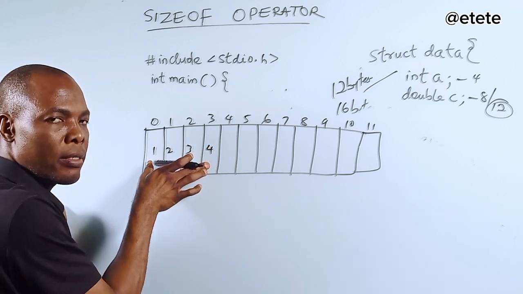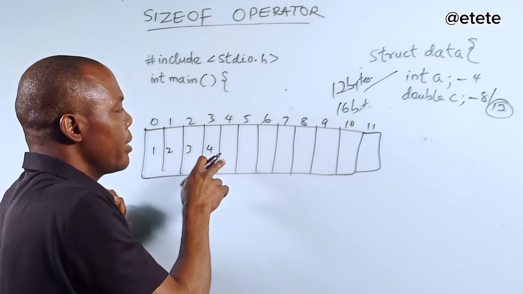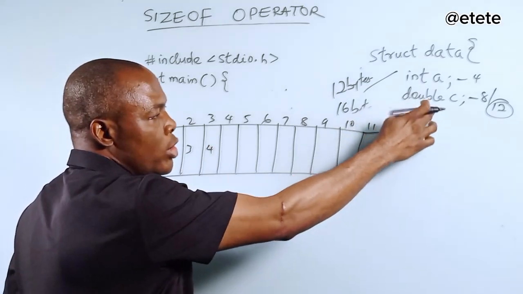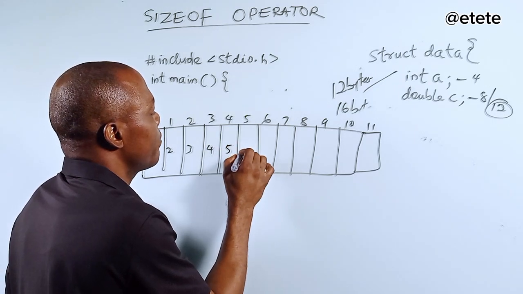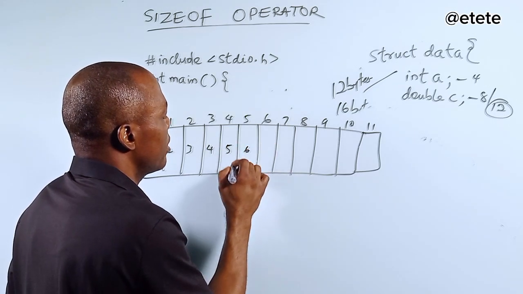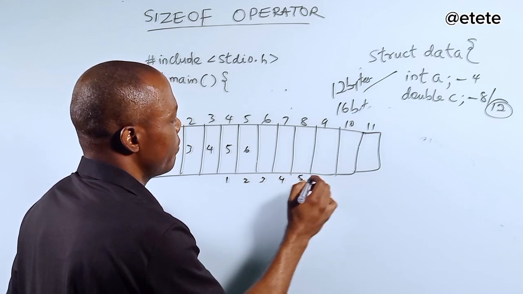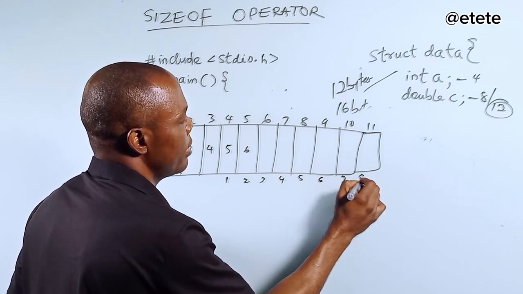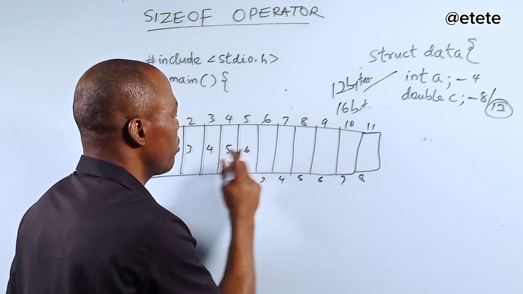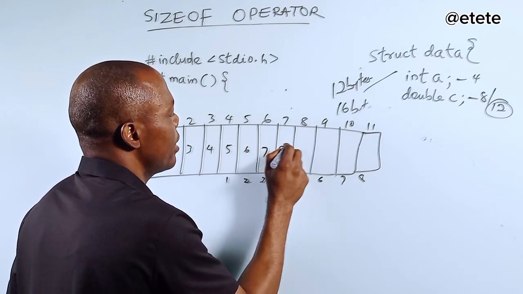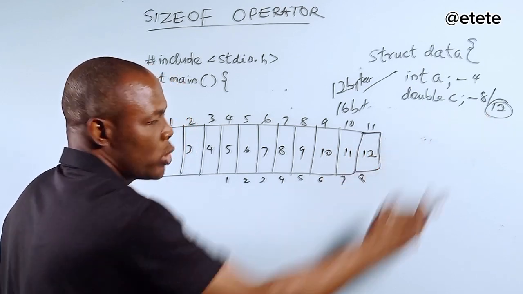So 4 bytes were allocated for integer. Then the double will take 8 bytes, which will be 5, 6, 7, 8, 9, 10, 11, 12. So that will be 12 bytes.